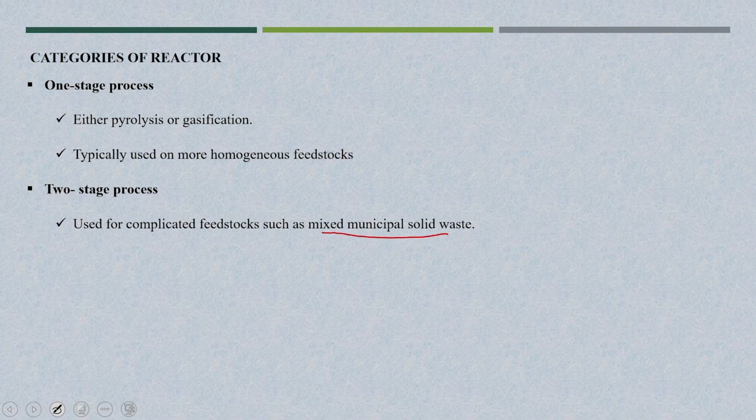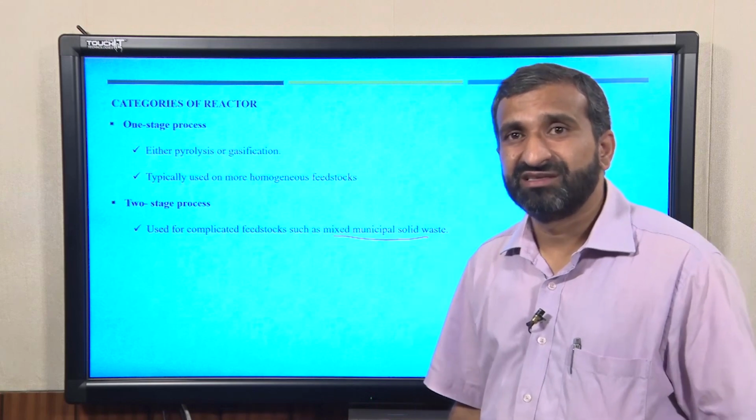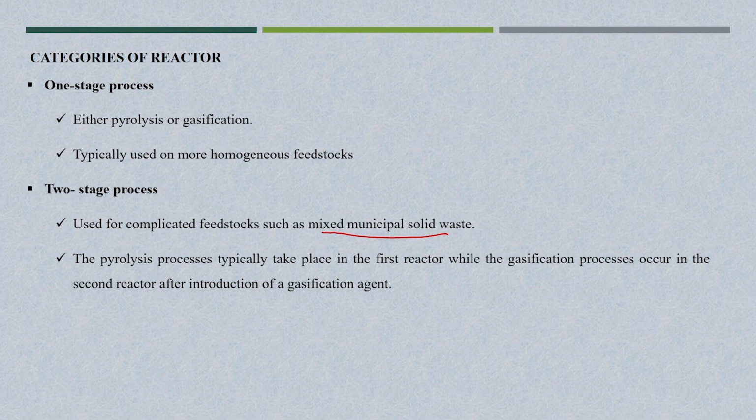If you are able to do the two stage process, pyrolysis followed by gasification, it could be possible to utilize mixed MSW. The pyrolysis process typically takes place in the first reactor, while the gasification process takes place in the second reactor. That is a two stage process.